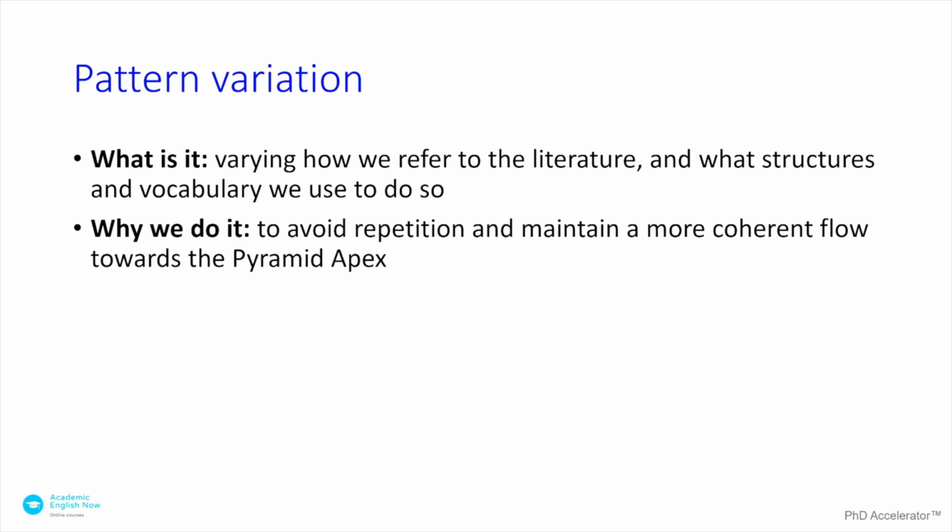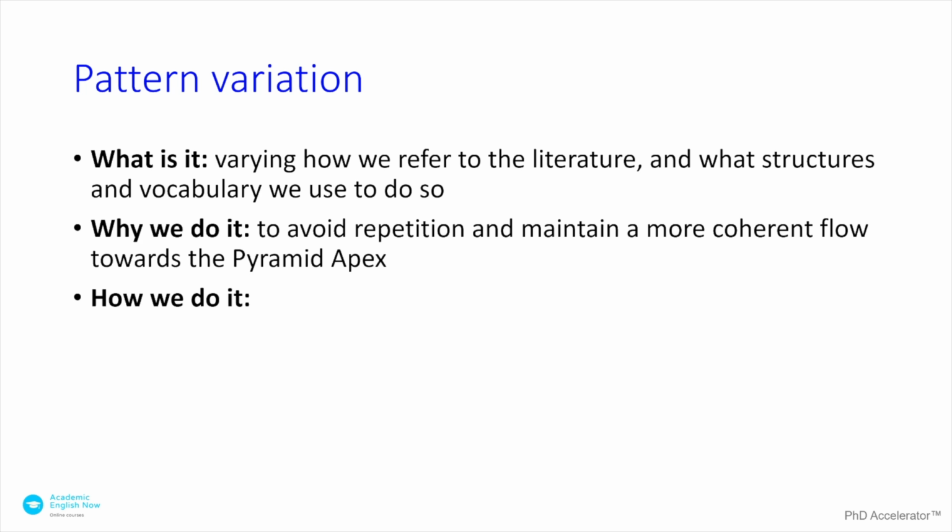Even after a couple of sentences, it becomes really repetitive, and more importantly, it's difficult to see a coherent flow. Where is that person going with all that repetition? Because it just starts becoming like a list of studies, but that's not what a literature review is. A literature review is not just a list of all the studies that you've read. A literature review is a coherent argument that's going towards the pyramid apex. So that's why pattern variation is really, really important.